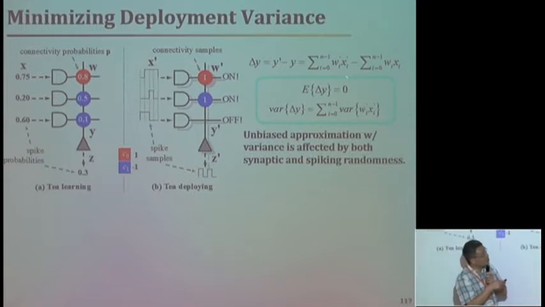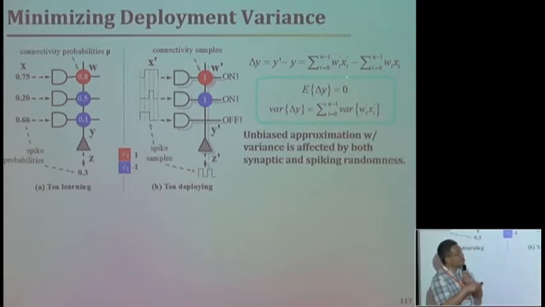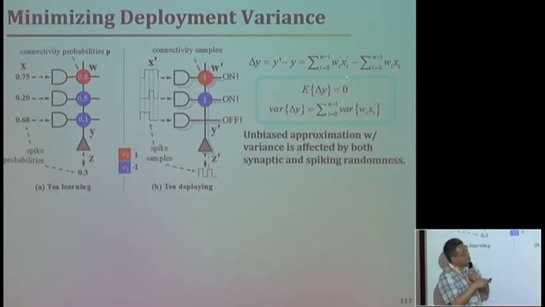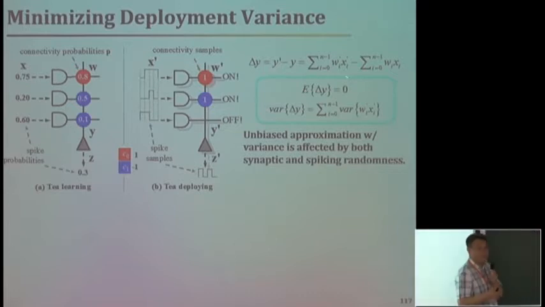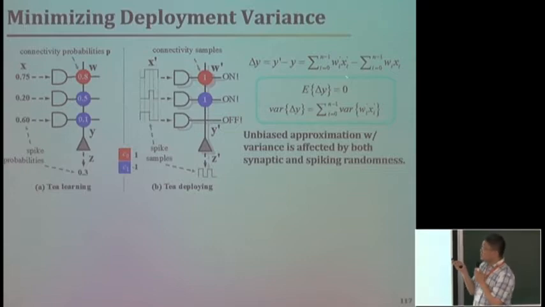That's the sum of wi' times xi', the integer weight times the integer spike input, minus the floating point weight times the floating point input. So the expectation of delta y equals 0, as we already proved mathematically: the expectation of y' equals y. But the variance of delta y is not 0.